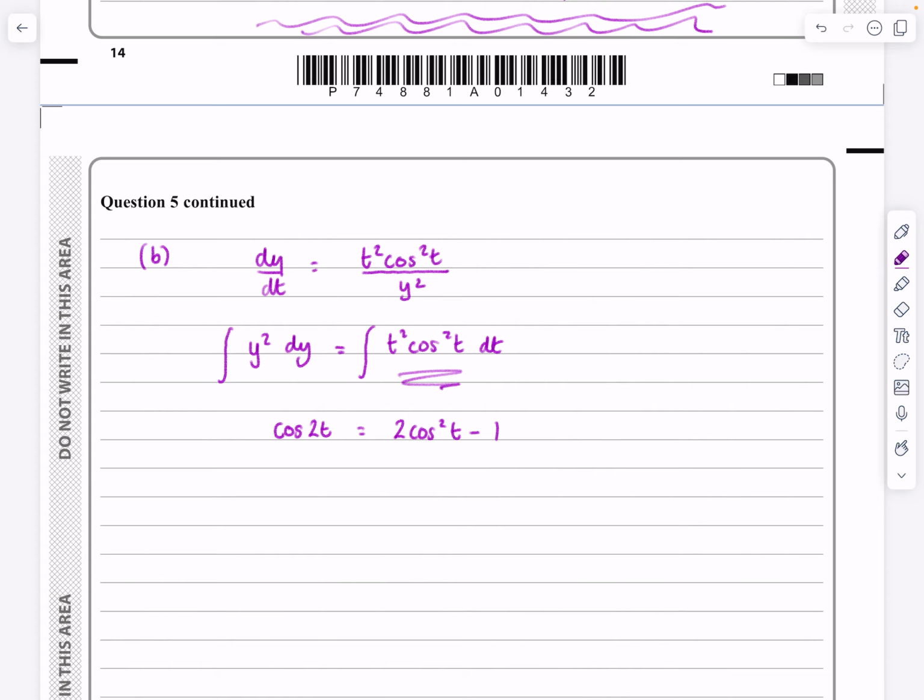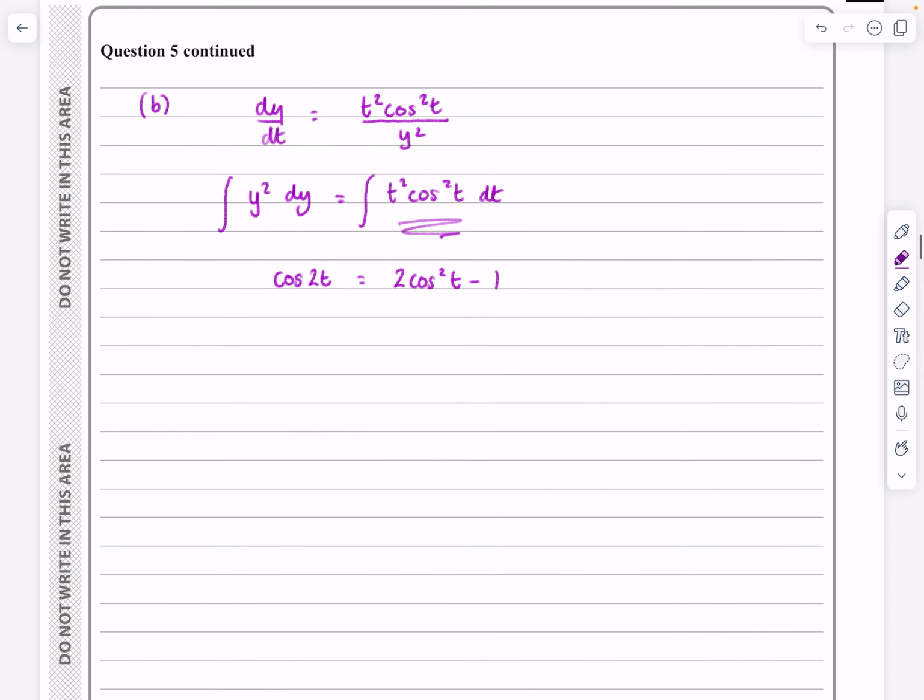So what that means is I can rearrange to get cos squared equals, can't I? I'm just going to do it quickly because you should almost know this anyway. That means that cos squared t is going to be cos 2t plus 1, but then it's all divided by 2, so half cos 2t plus 1.